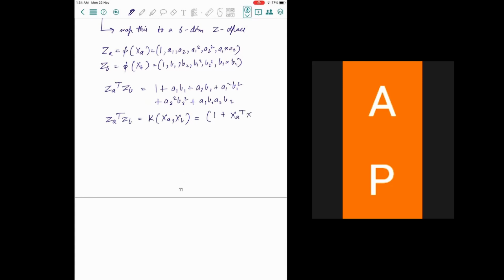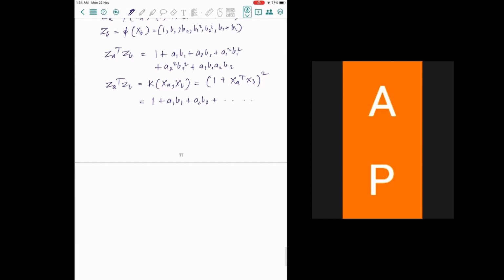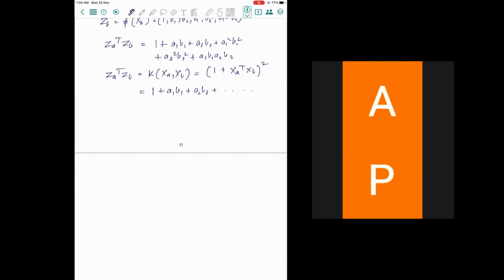Here we're using the quadratic form of the polynomial kernel, and we see that we'll get the same terms as in the above equation. Thus, we can easily calculate the dot product by increasing the value of the degree of the kernel.